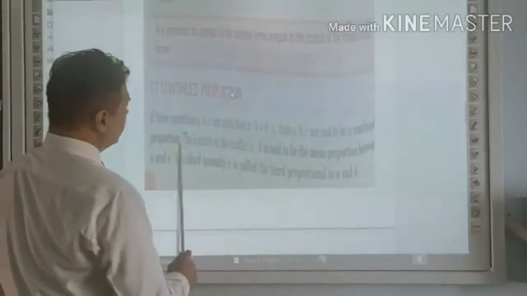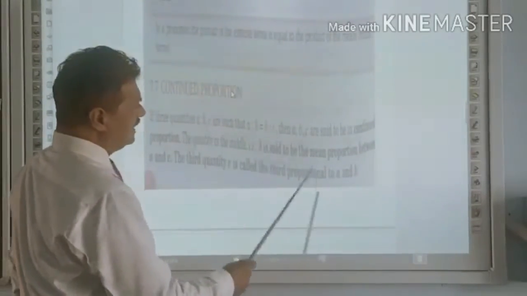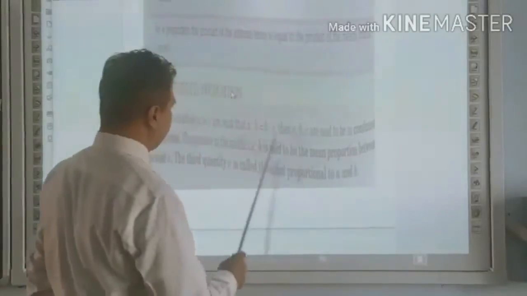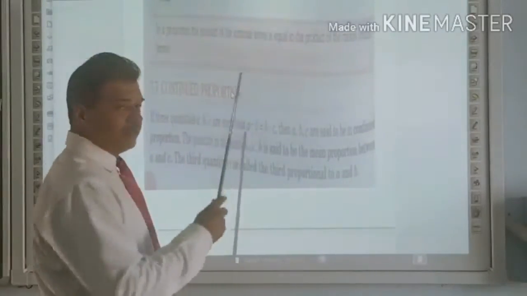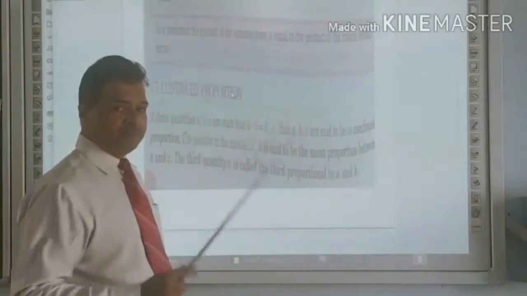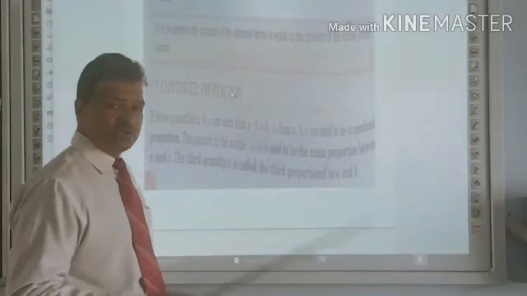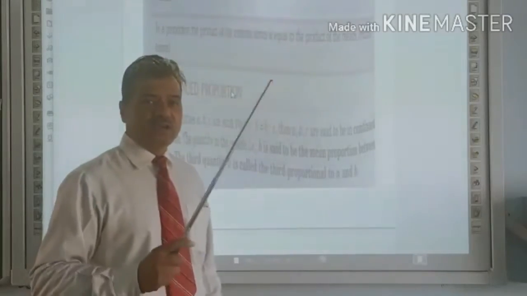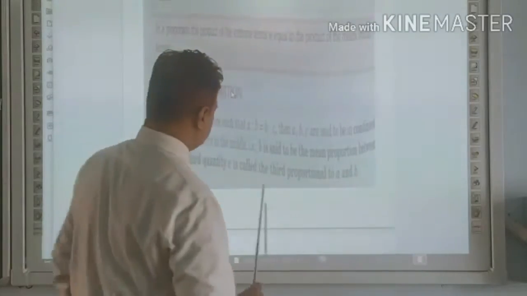Now A ratio B is equal to B ratio C. That means B square is equal to AC. When we arrange A upon B is equal to B upon C, B square is equal to AC. This is called continued proportion.